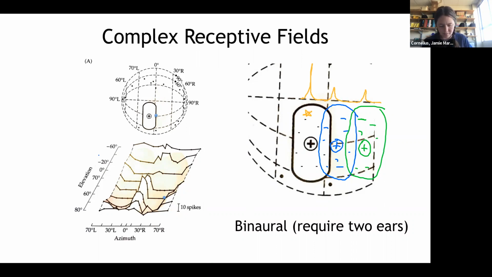If you have a sound that occurs here, then it's in the inhibitory area of both of those neurons. So you're going to have a response kind of like that. I'm going to run out of colors again. And if you have a sound that comes there, then you're no longer inhibiting that one.